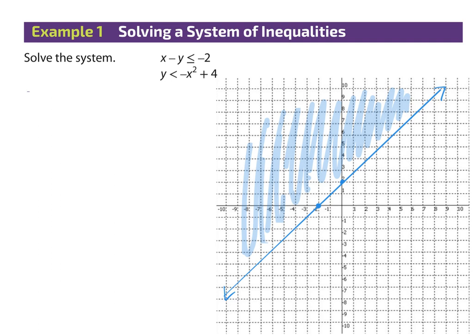The second one is a parabola. You should recognize that, okay? So x squared is definitely a parabola. Going up or going down? It's going down. Where's my vertex? Because this is outside of my function technically, my vertex is going to be at +4. So I have a parabola at +4 going down.